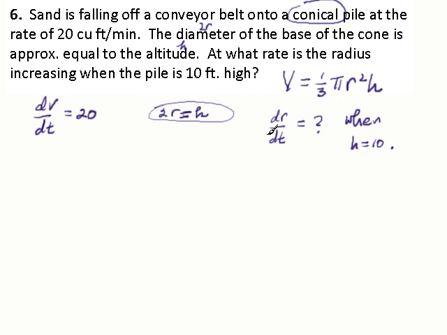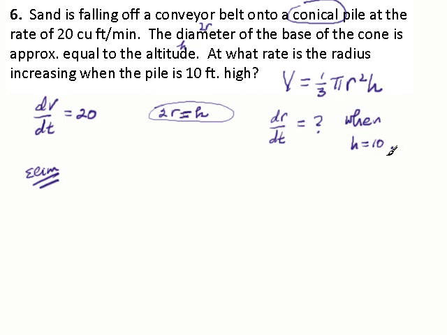So which variable should we eliminate? All right, so we're going to start with the eliminate step. But here we're asked to find dr/dt, but h is mentioned as well. r is mentioned and h is mentioned.